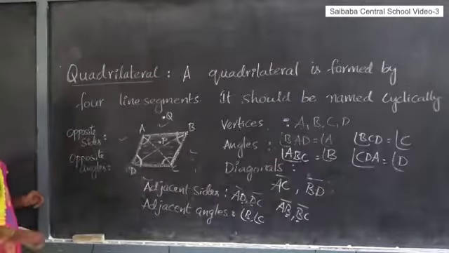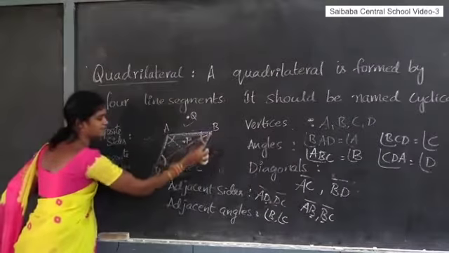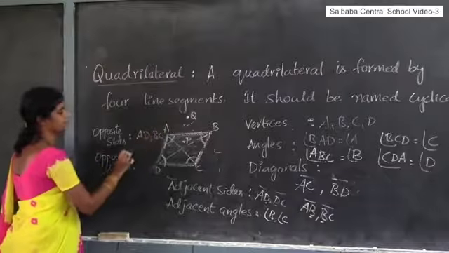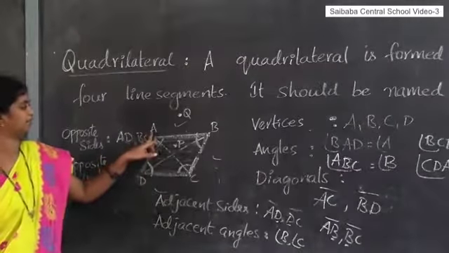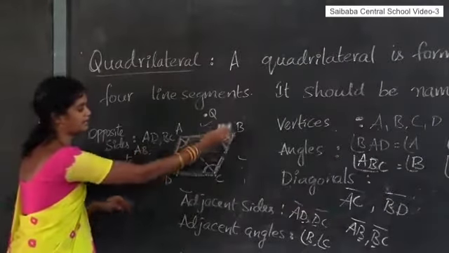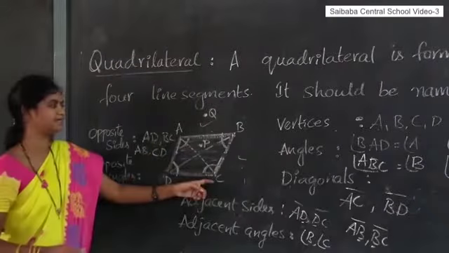Coming to opposite sides. For AD, the opposite side is BC. So AD, BC are opposite sides. If you take AB, what is the opposite side of AB? AB's opposite side is CD or DC.